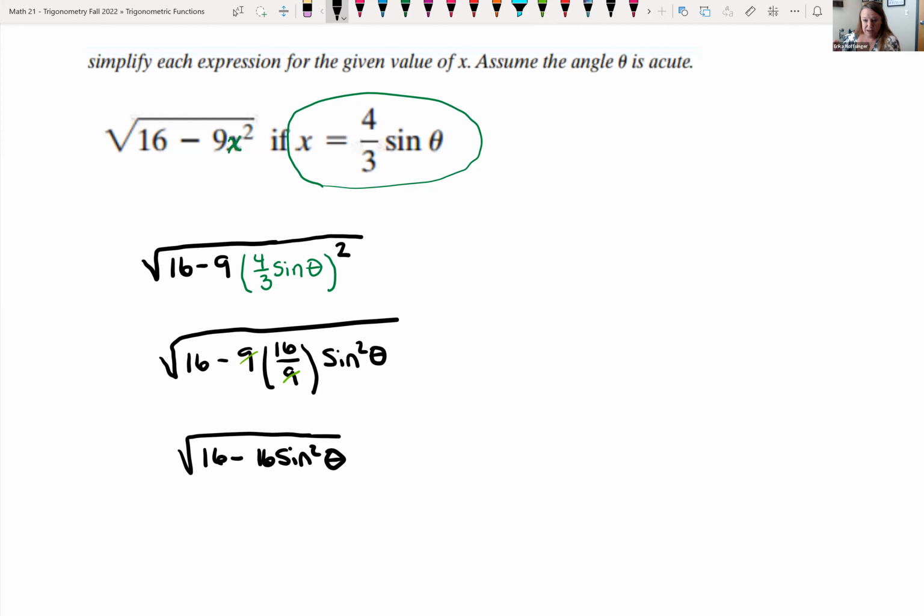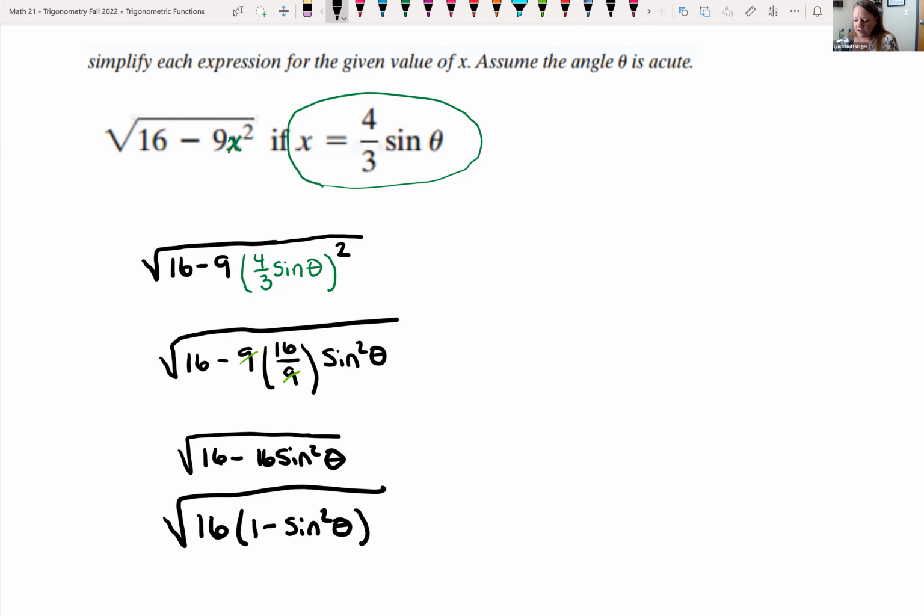Unfortunately, we can't just break this down. I see that 16 is a perfect square and 16 sine squared theta is a perfect square, but we have that subtraction in between. We can, though, factor out that 16 from both of those terms and make it multiplication underneath the radical. So we have 16 times 1 minus sine squared theta underneath the radical.